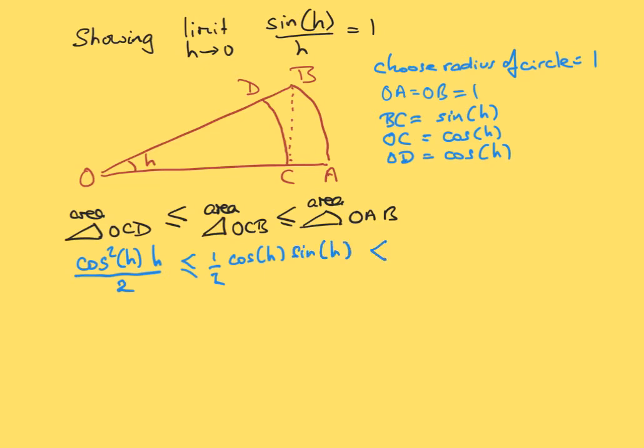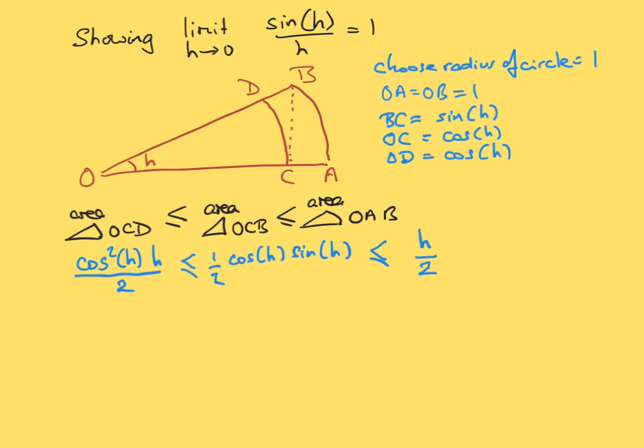And that area in turn is less than or equal to the area of this sector of the circle with radius 1. So r squared h over 2 is 1 squared, which is just 1, multiplying h, so we have h divided by 2.